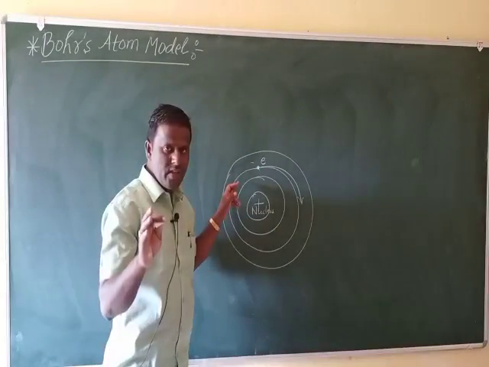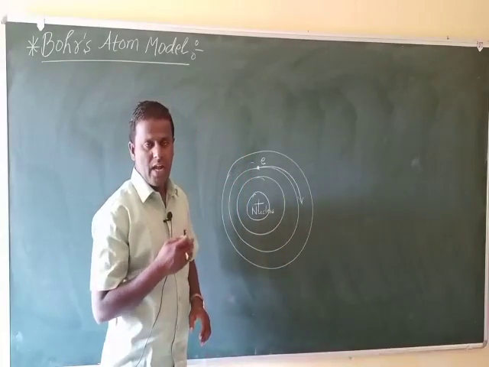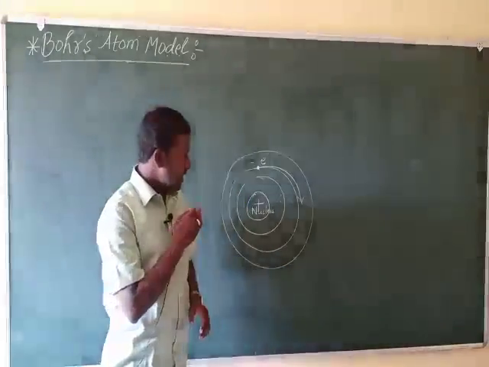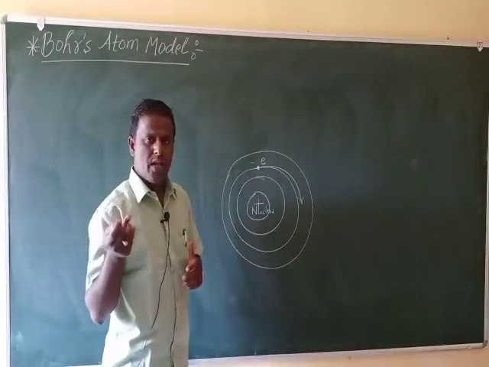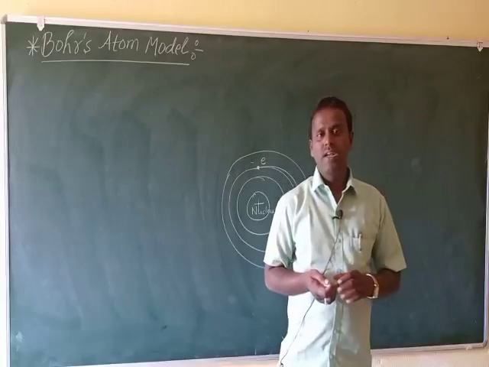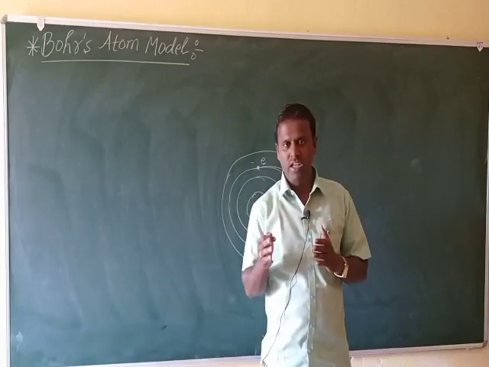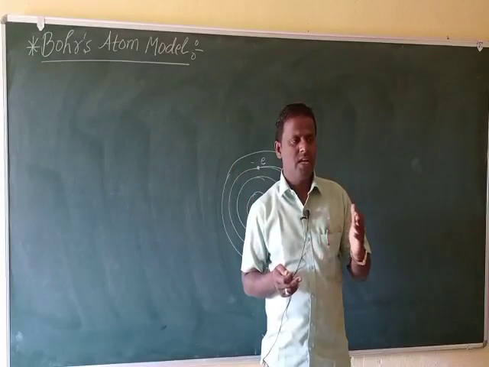around this circular orbit, what happens is, Rutherford said the electron in its orbit where it is revolving, there it is giving out electromagnetic radiations, that is energy. In the orbits they are emitting electromagnetic radiations.